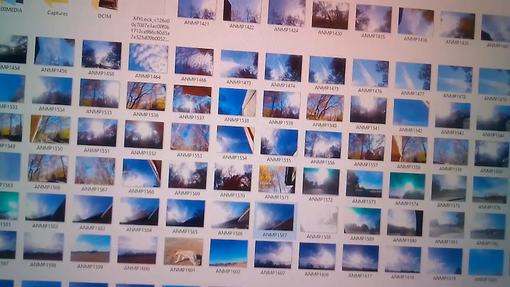What number are we on? 1617. Here we go. This is after I got to the park. I'm like, whoa. You can see right over here, all those colors. Look at that.